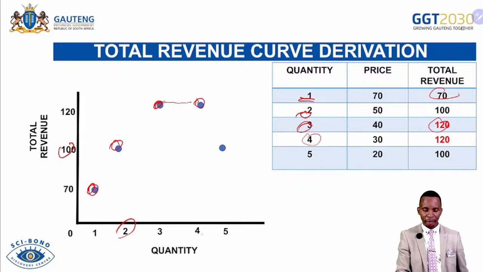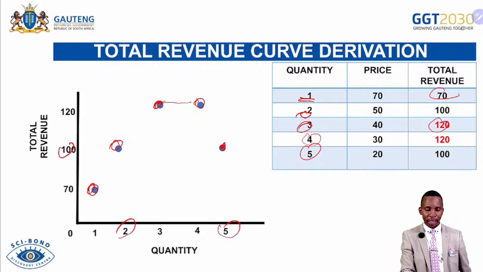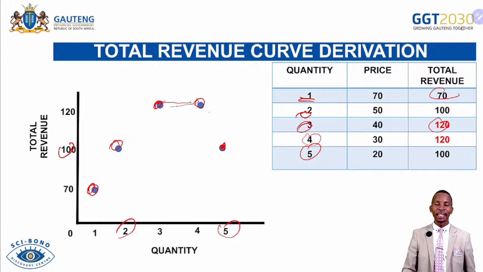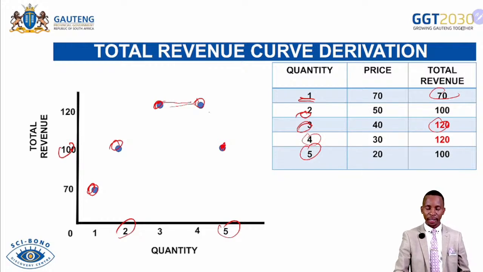And then at quantity number 5, it goes down to 100, meaning it increased, was maximized, and then went down to 100. Like I said before, total revenue will increase initially until it is maximized. After being maximized, it will slope downward.